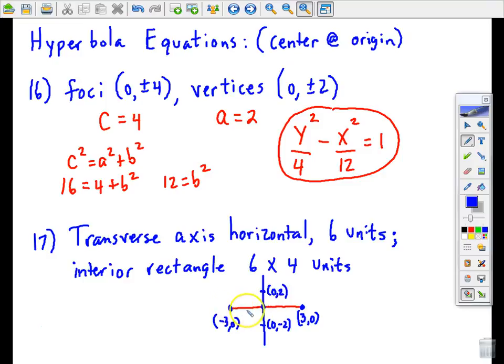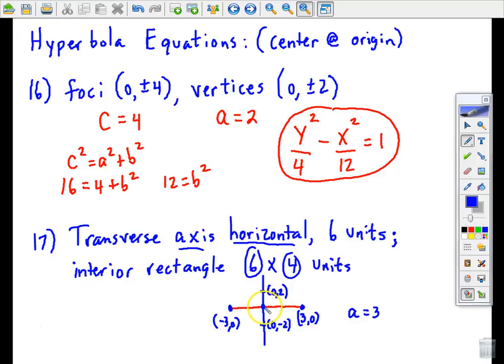Okay, you see that? 6 this way, 4 this way. So what we know is that this hyperbola has to open on the x-axis because the transverse axis is horizontal and the x-axis is horizontal. So that means my a value, the distance from the center to a vertex, is 3.